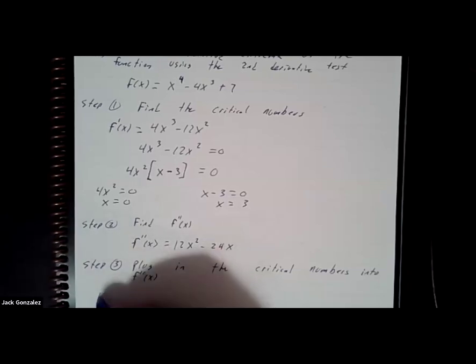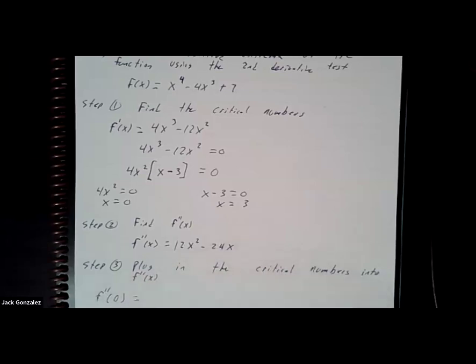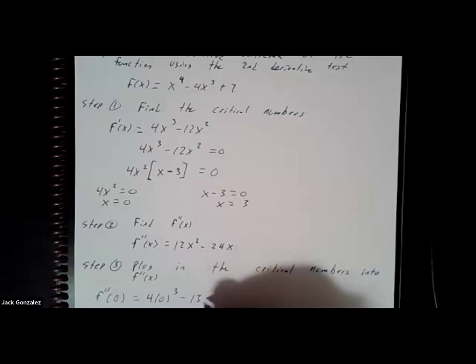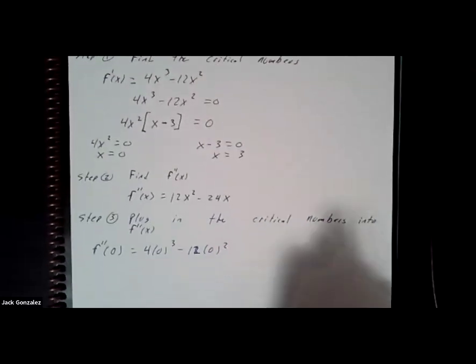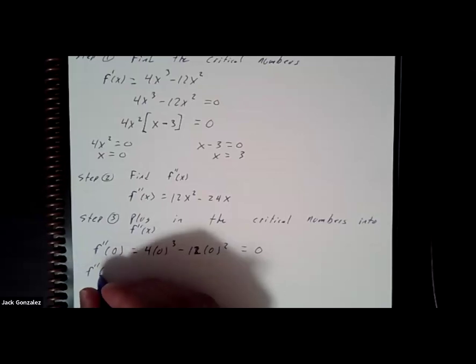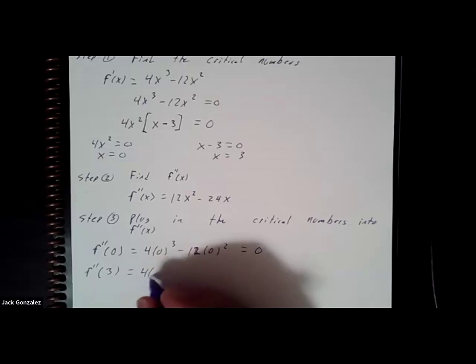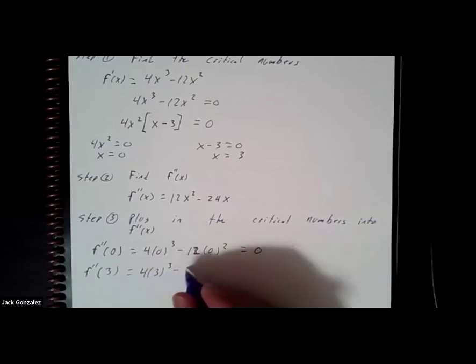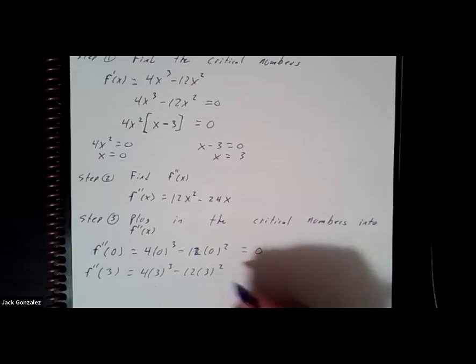So here we go. f double prime at 0 is 4 times 0 minus 12 times 0, which is 0. f double prime at 3: we have 4 times 3 cubed minus 12 times 3 squared.